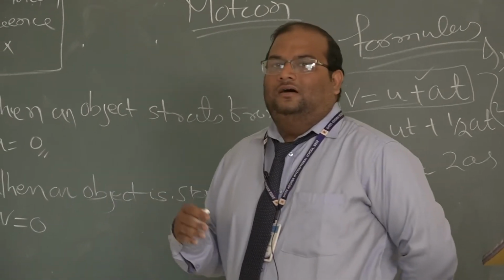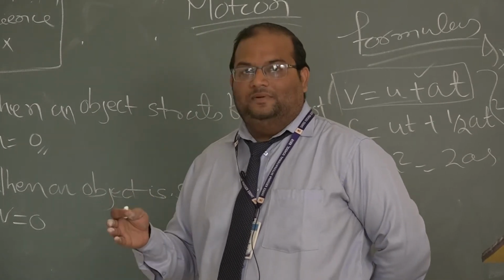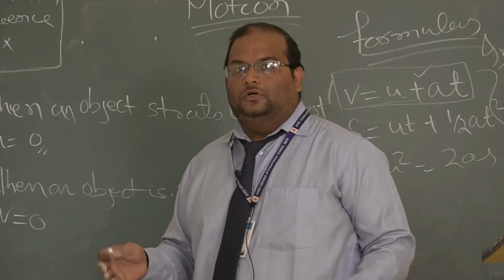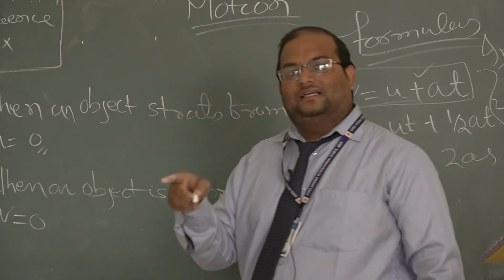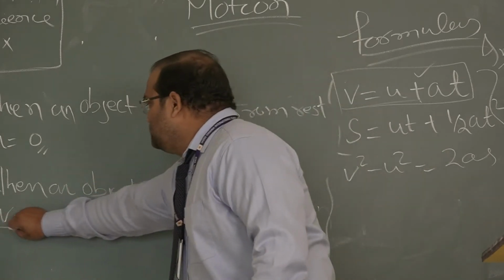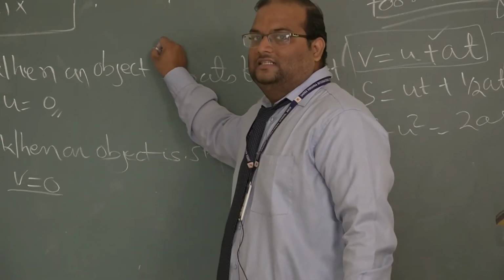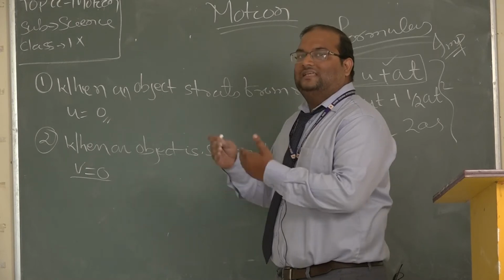Now suppose you are riding a bicycle and after some time there is a speed breaker or there is a bus standing in front of you, then you put your brakes on and your cycle stops. When that cycle stops, then v = 0. Now it is the stopping speed, it is the starting speed. U is initial means starting, final means ending.